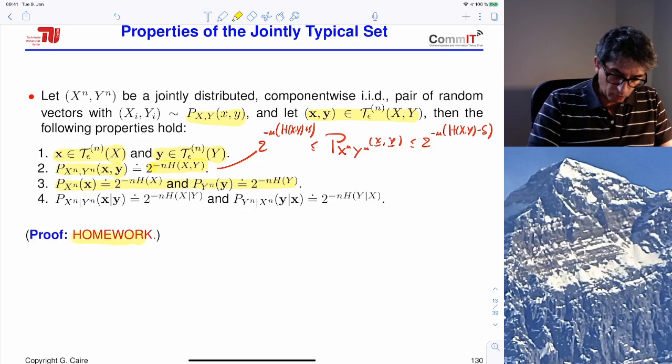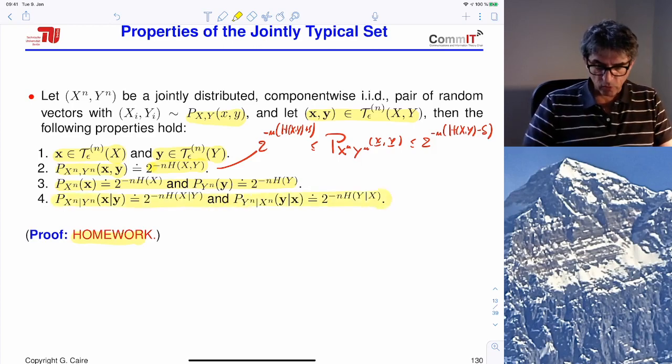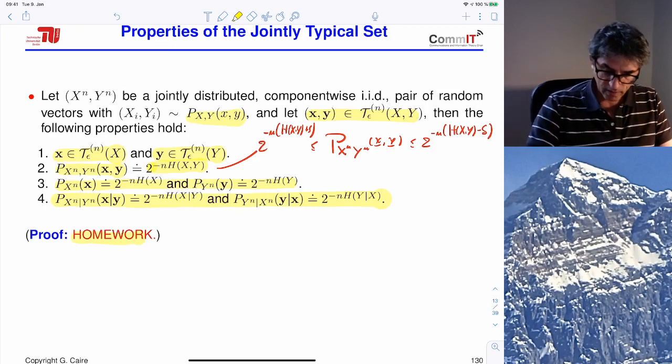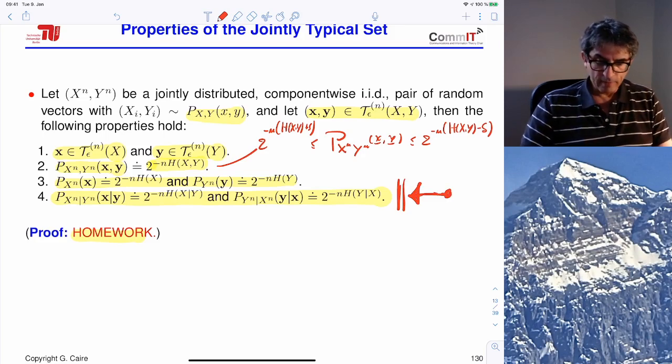And property number 4 is maybe the only slightly different property to prove here, which says that also the conditional probability of x given y or of y given x are asymptotically exponentially equivalent to 2 to the minus n times the conditional entropies. So homework, prove this one. Okay, it's not difficult, just from what you have, it's very easy to show it.